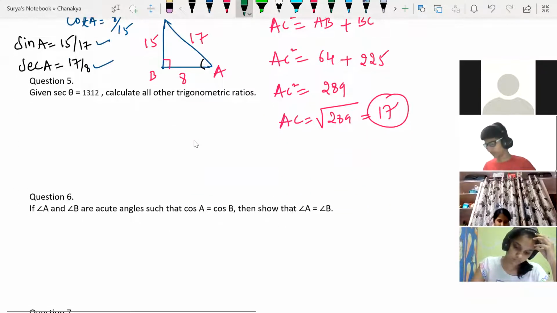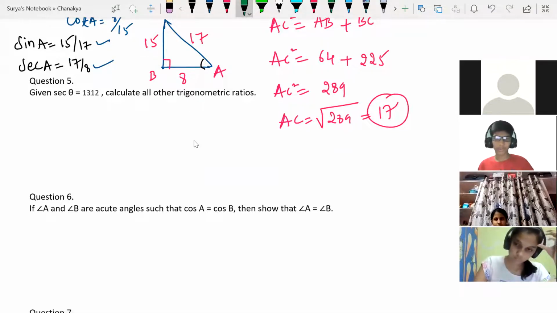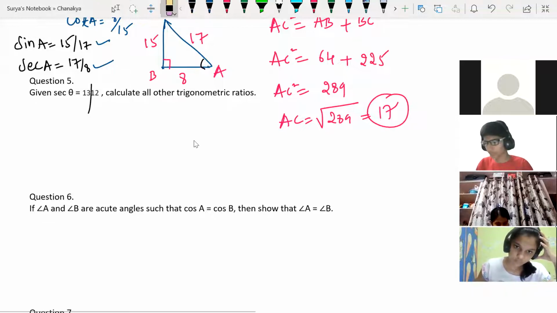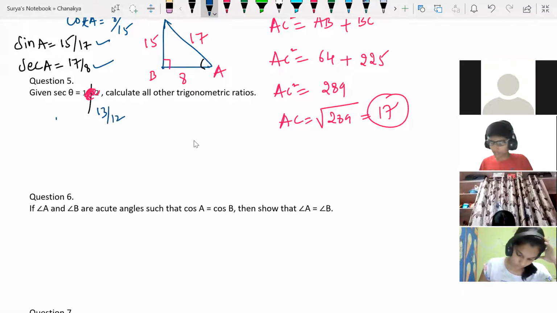Next, fifth question. Solve the fifth one. Sir, for secant theta, I took 13 by 12. Yeah, 13 by 12 only. This is a printing mistake. Guys, that is 13 by 12.